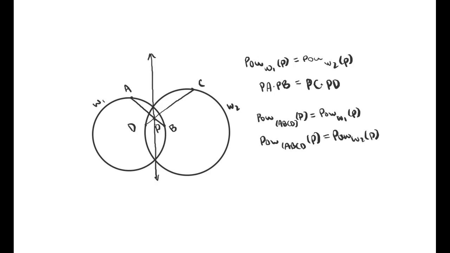So this means that P has to lie on the radical axis of omega 1 and omega 2. Okay, so I guess we can go into the first example.